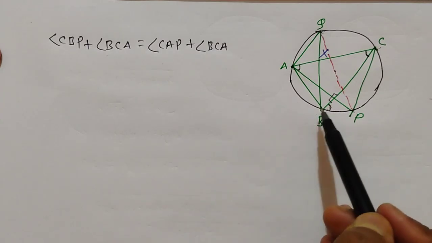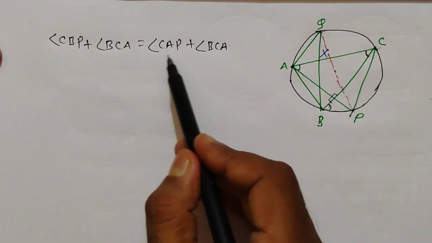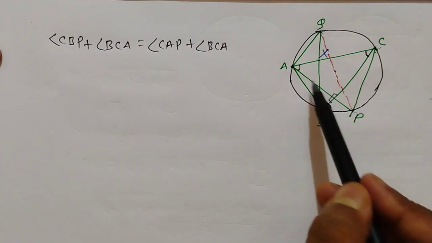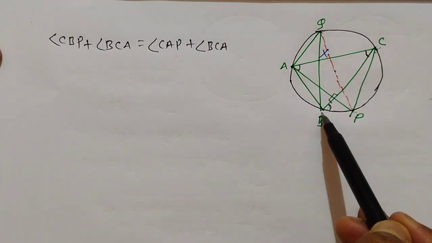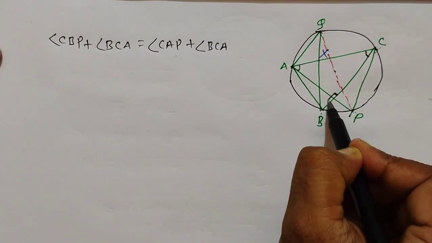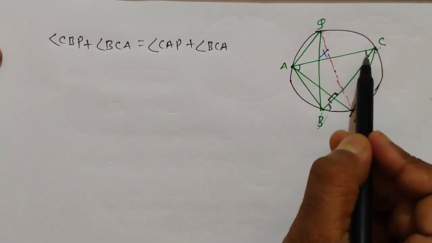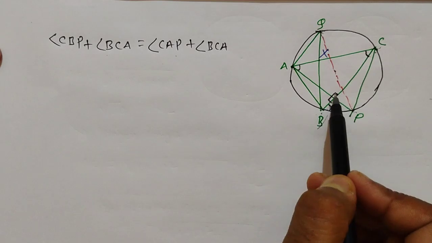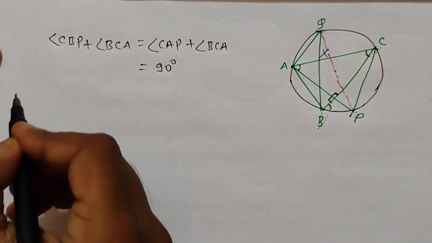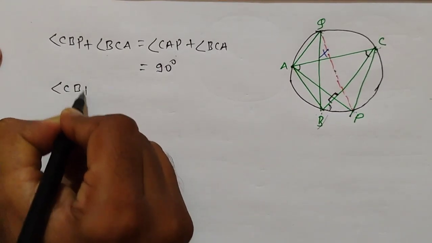And now you can see angle CAP plus angle BCA is equal to 90 degrees, because this is perpendicular to BC, so the sum of this angle and this angle is equal to 90 degrees.